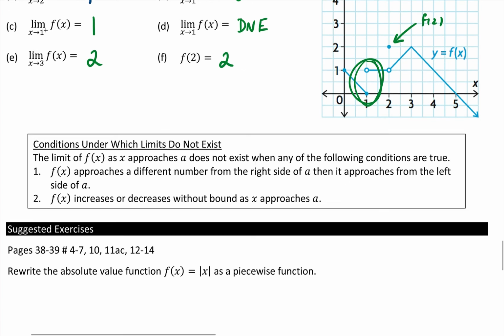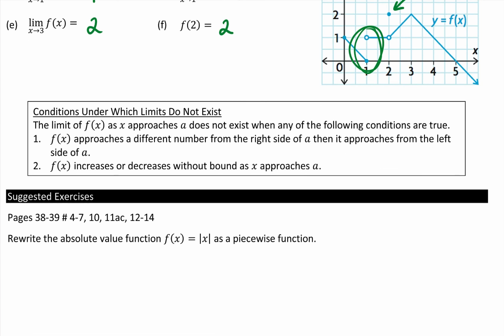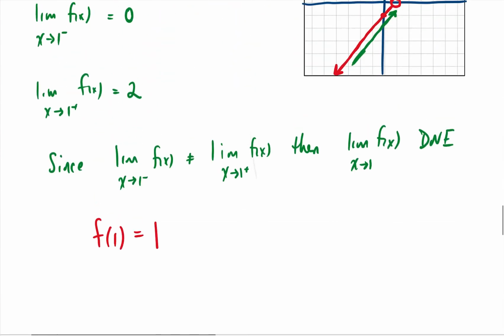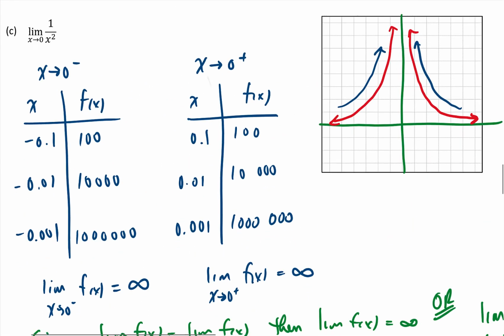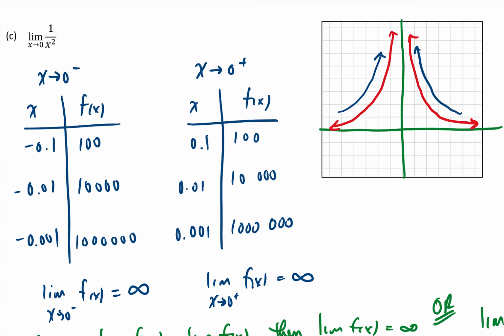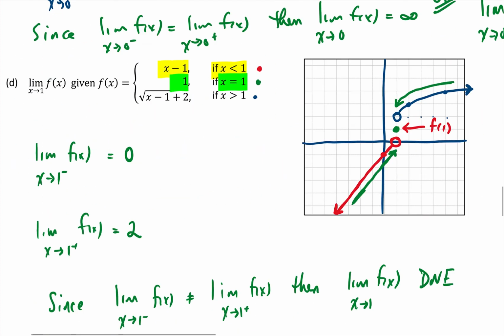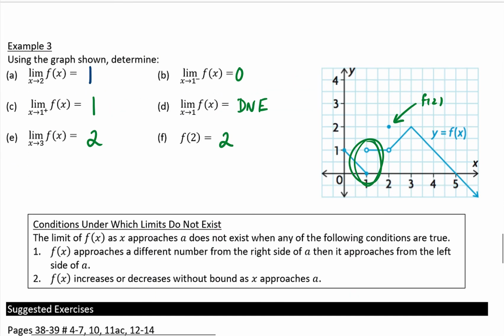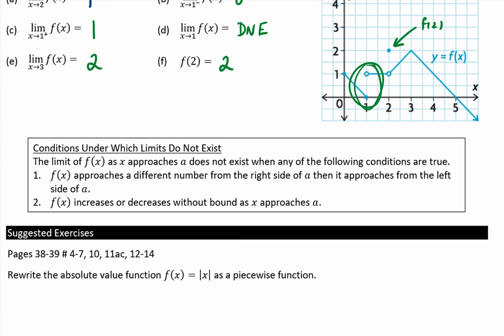The second thing, f of x increases or decreases without bound as x approaches a. So that would be like the example we had up here. The limit goes to infinity. Infinity is not a number, so therefore the limit does not exist. So those are the two cases that you should note.